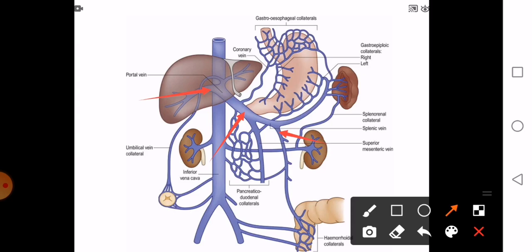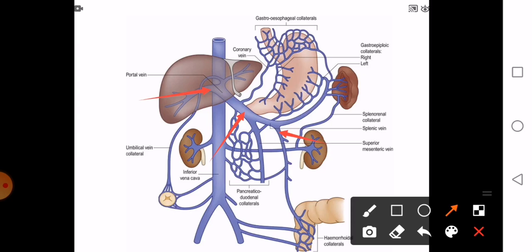So you have a portal system and a systemic set of veins, two sets. The portal system is important because it acts as a reservoir of blood, and they contain almost up to 1/3 of the total volume of blood in the body.